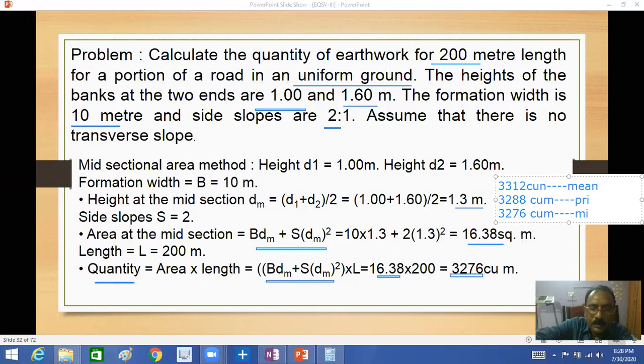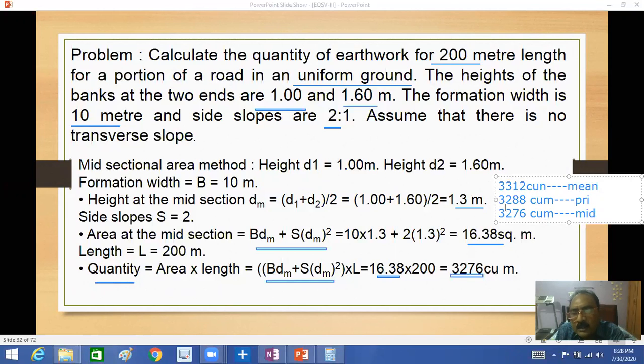If you observe, in the mean sectional area method you got more quantity. In the midsection, the quantity is lower. But these values are comparatively very near. This is a huge amount, and in this large amount the difference is negligible, but the accuracy is by the prismoidal method only.